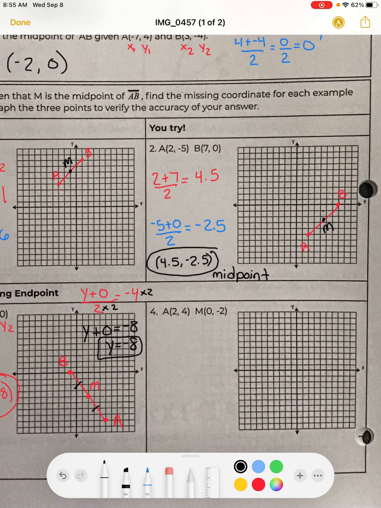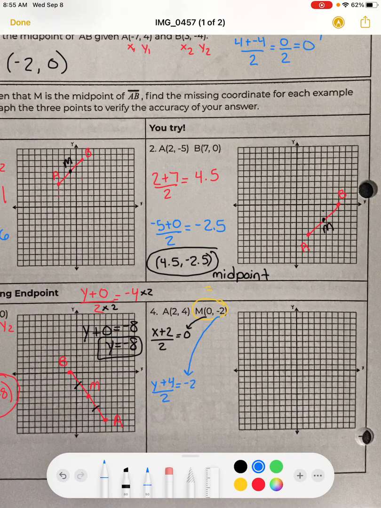Okay? Alright, now let's look at the next one. We're going to use our formula. Remember, it's going to equal the midpoint. Let's do our x's first. I'm going to do x plus 2 divided by 2 should equal 0, since 0 is the x value. Then I'm going to do y plus 4 divided by 2 should equal negative 2.